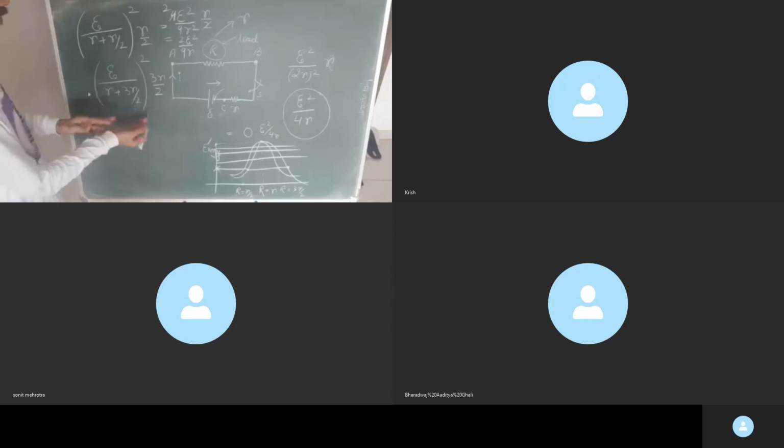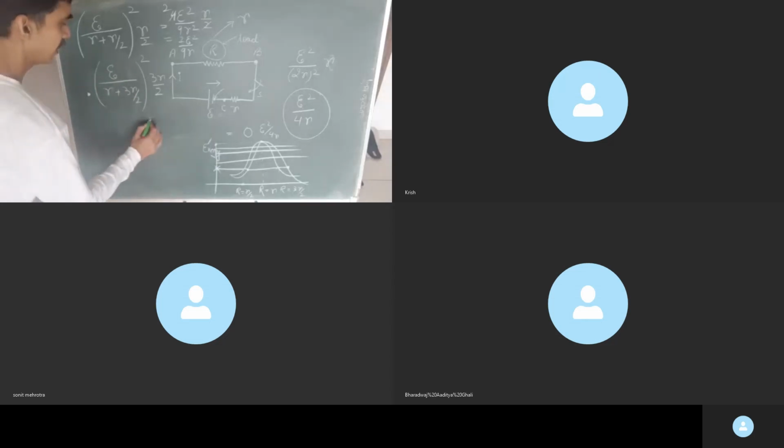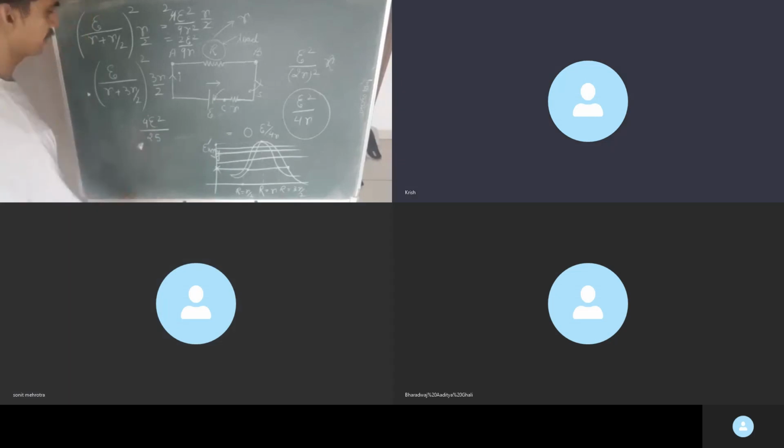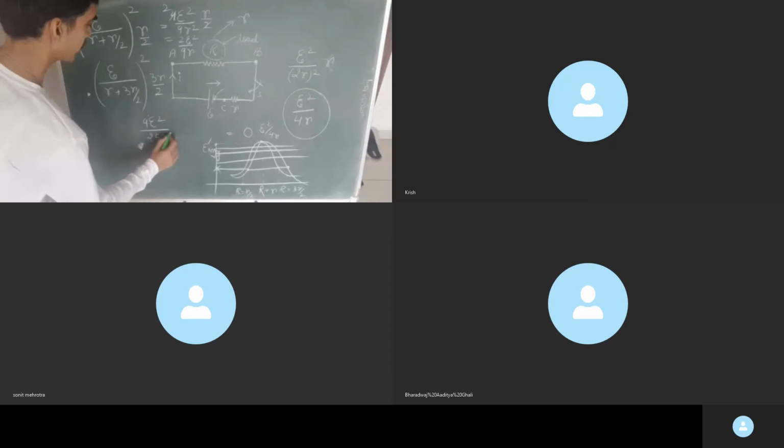And what in this one? What relation do they share? E square as it is, 4 as it is, divided by how much will this be? 2 plus 3, 5. 25, right? 25 R square. Getting it, class? 4 gone up, and it's got to us 25.